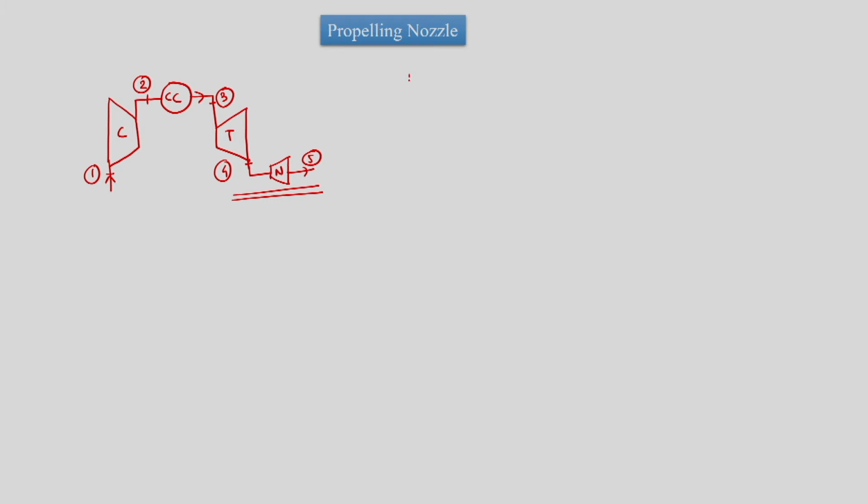So if we plot the TS diagram for process 4 to 5, then this TS diagram would depend upon a factor which is related to choking. And what does it mean by choking?